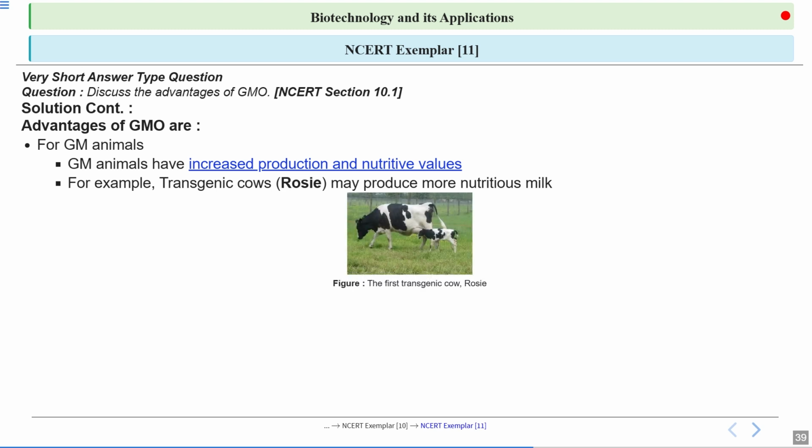She can produce alpha-lactalbumin, a protein, about 2.4 grams in 1 liter of her milk, and it is very nutritional for infants. This is how we can use genetically modified animals for increased production and nutritive value of products.